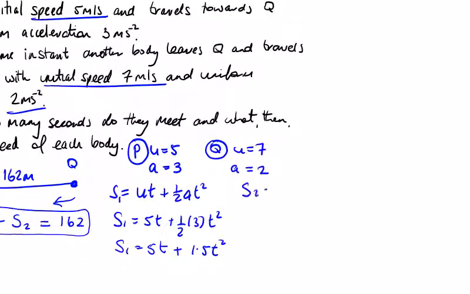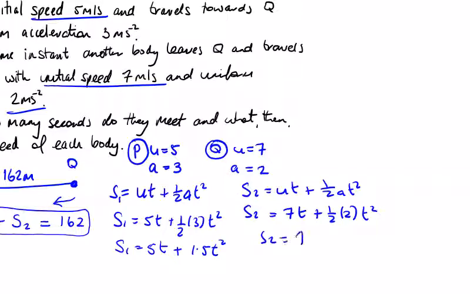For Q, s2 is equal to ut plus a half at squared. I think it's good maths just to write the formula down so you don't make an error. 7t plus a half times a, well that's a half times 2, I'll write it down so you can see it, times t squared. So s2 is equal to 7t plus t squared.